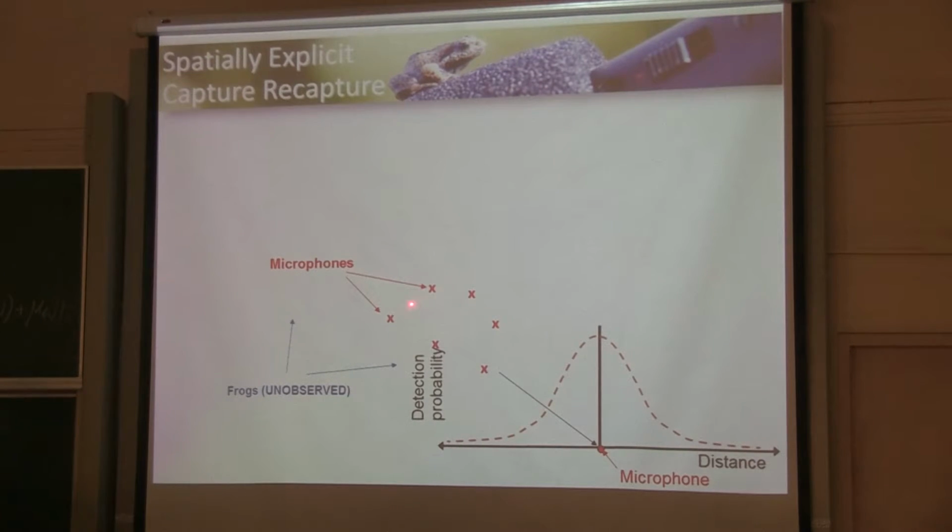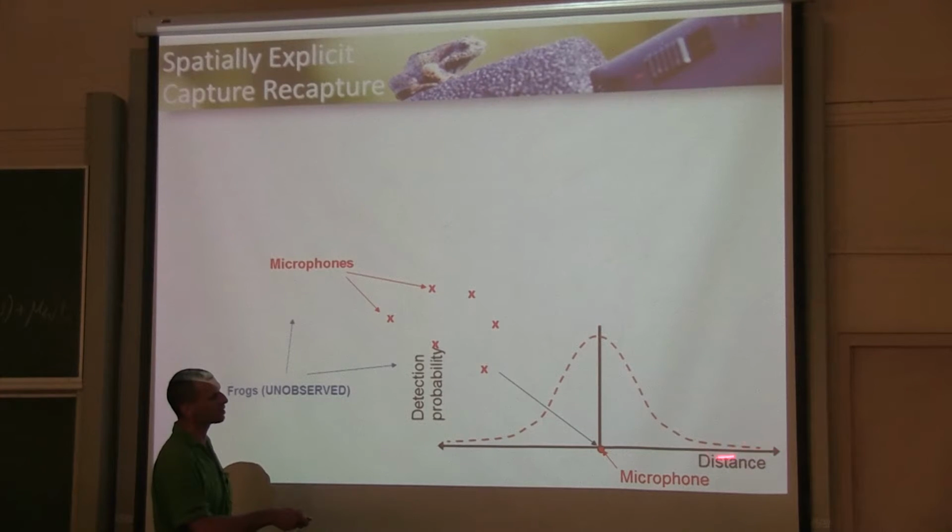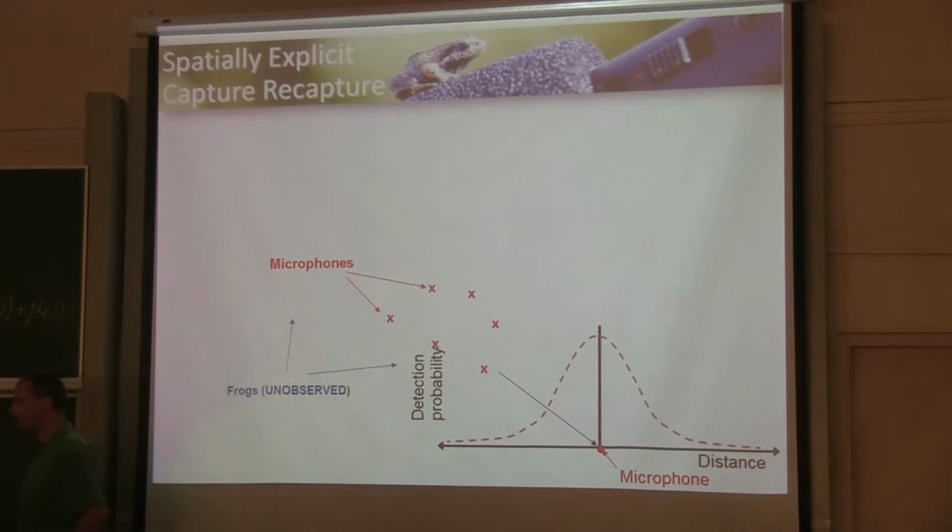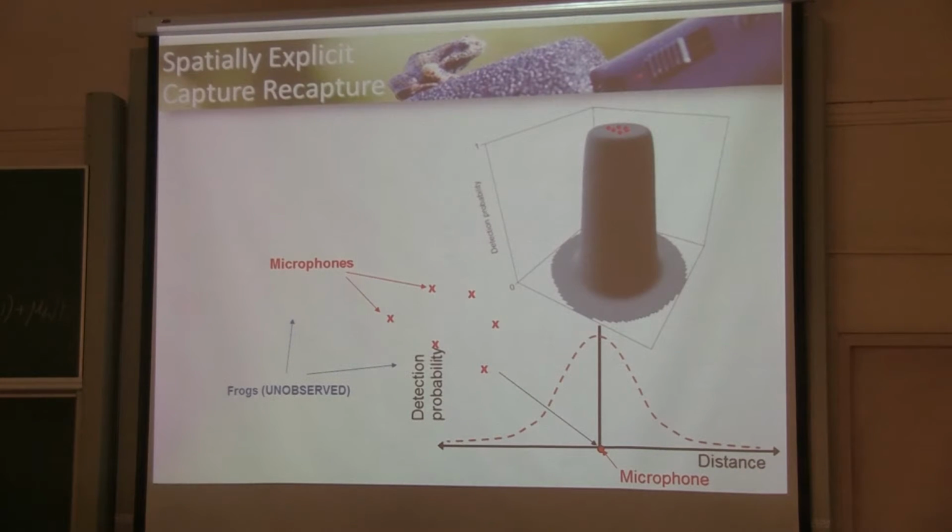So each one of these microphones itself has a detection probability function. There's an area outside the microphone that it can't hear, but equally there's an area quite close to the microphone where the detection probability function is actually very high.